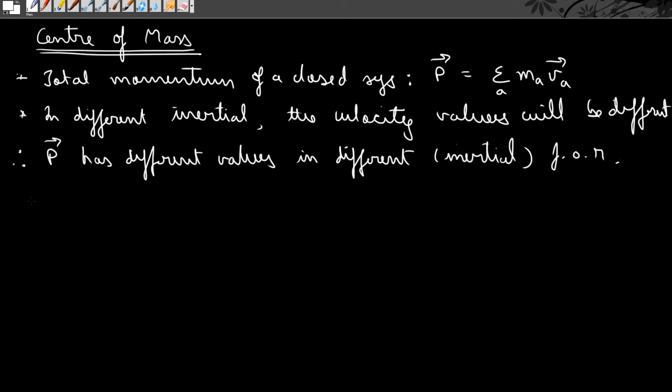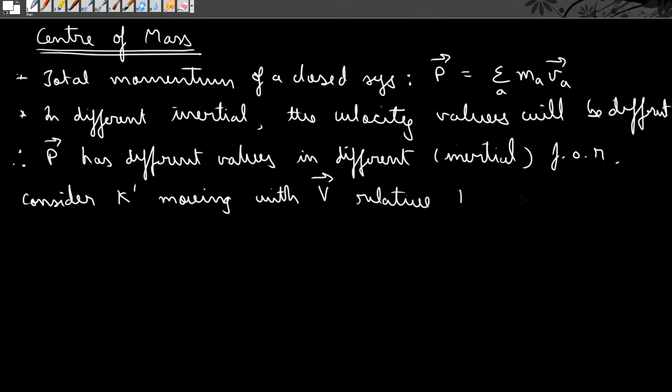To understand this better, consider an inertial frame of reference K dash, which is moving with a velocity capital V relative to another inertial frame of reference K.